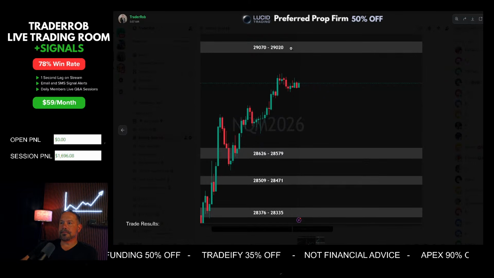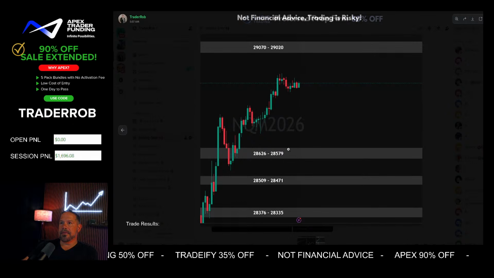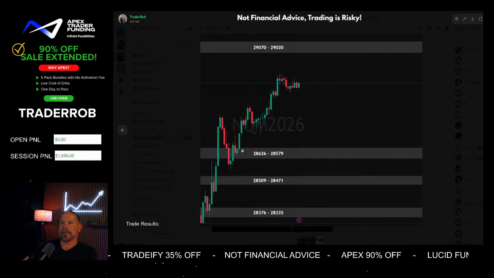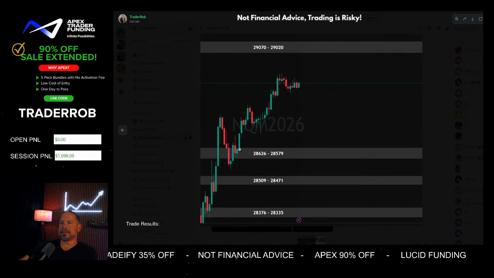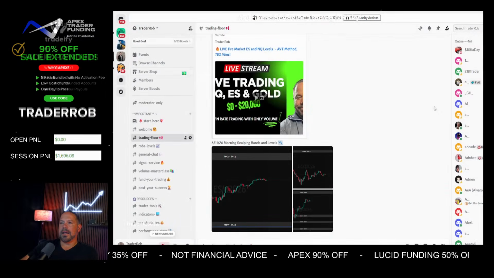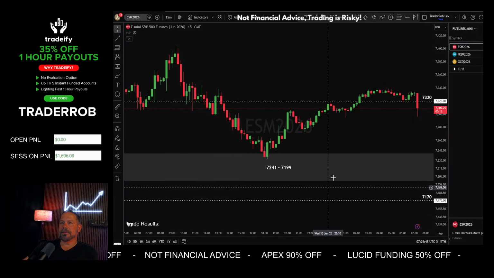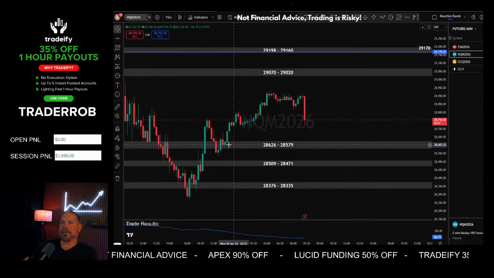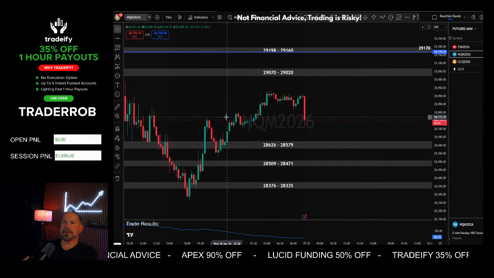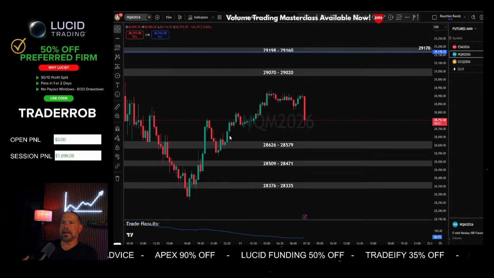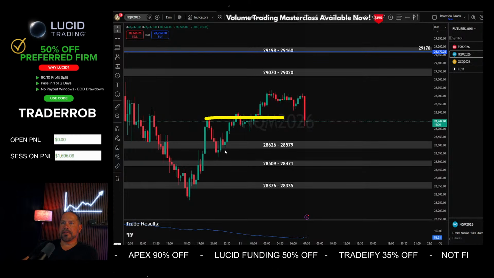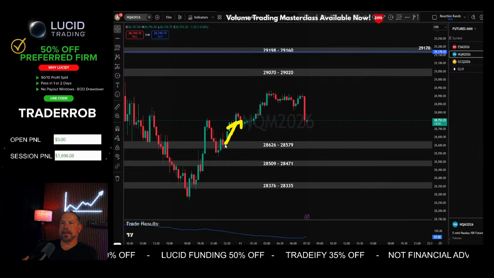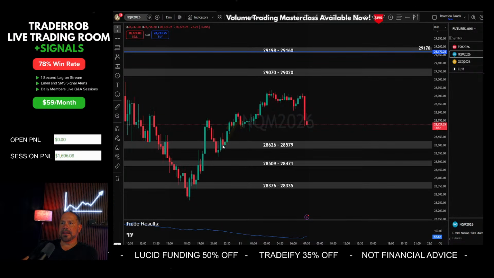Now the only thing that's missing is some key levels. I probably could have put a key level right here, actually. That was kind of stupid that I missed that one. Let's go to the NQ for today's levels. I think why I missed this one was I was really looking at break of structure right here. This is where I would have liked to see the break of structure on this impulsive move, which is why I didn't put a 15-minute level sitting right here.